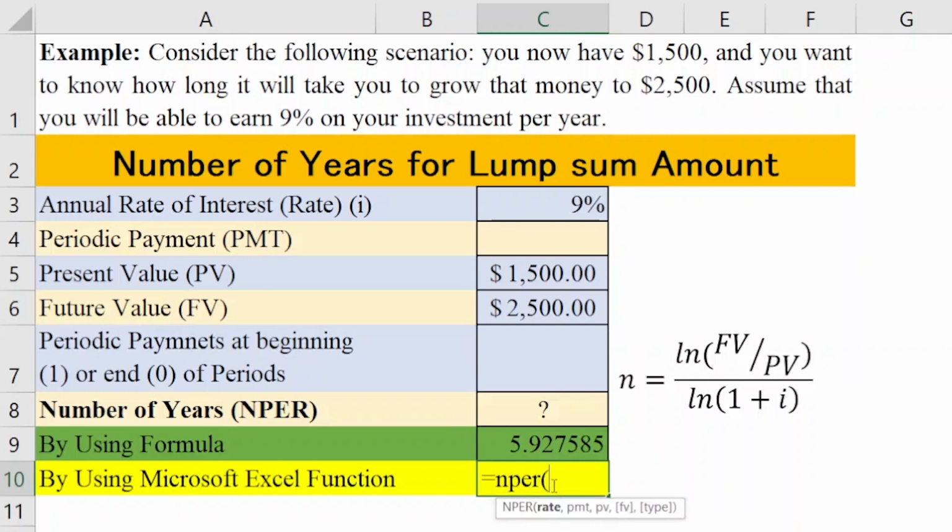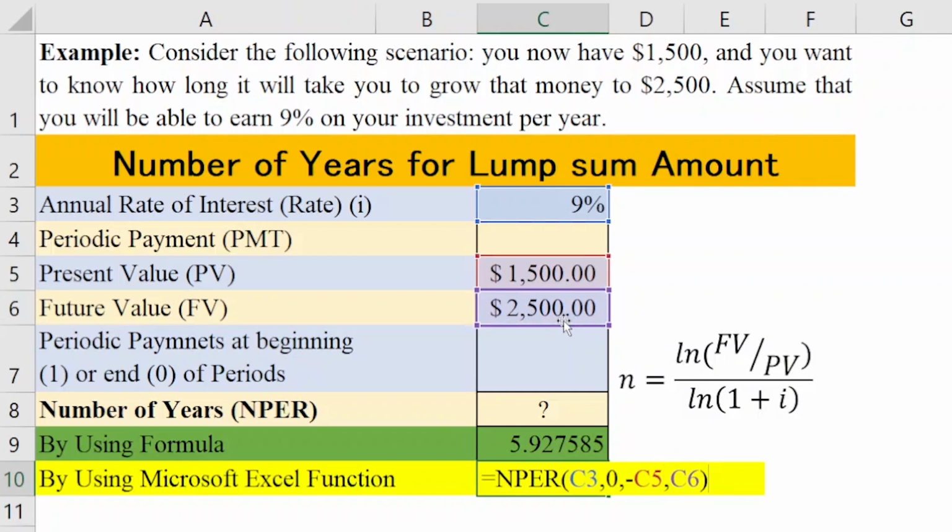Start the parenthesis, rate is 9%, comma, payment 0 as we have no payments. Present value, we will press minus sign with the present value as it is initial investment, that is an outflow. So we will use minus sign with this present value, comma, and future value 2,500.